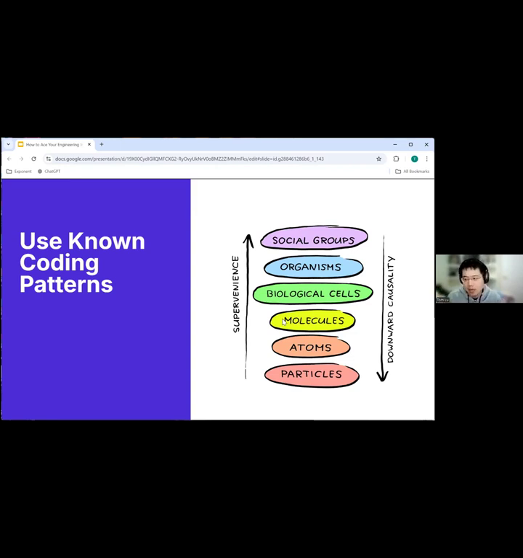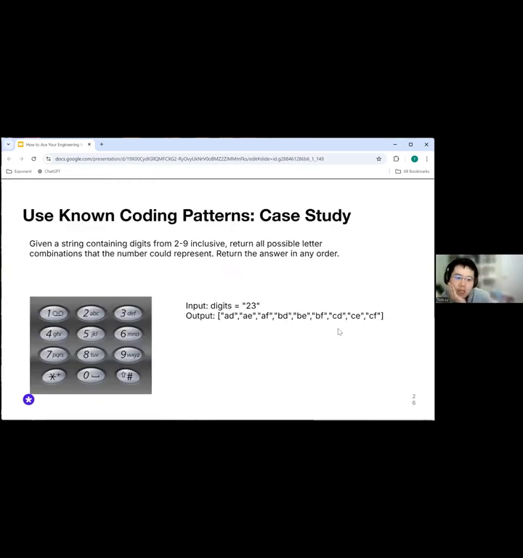Now, here's a concrete example. This is another coding challenge, which says, given a string containing digits from 2 to 9 inclusive, return all the possible letter combinations that the digits could represent. Return the answer in any order, right?